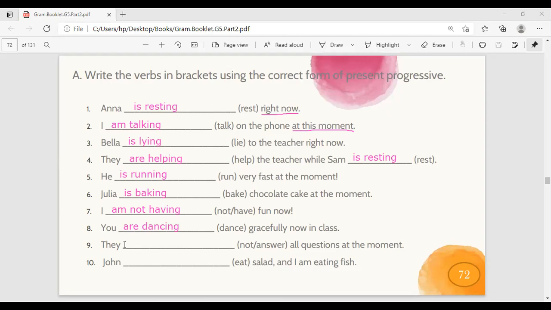The question says use the present progressive, at the moment. So we cannot use the simple present. We have to use the present progressive. They are not answering, or aren't answering. This is the present progressive.